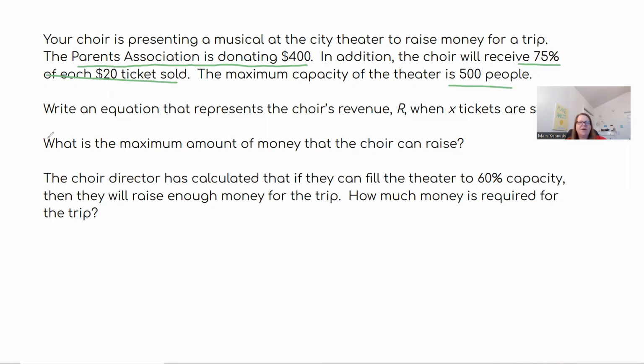So it's just to write an equation that represents the choir's revenue, which we're going to call R, when X tickets are sold. So we've got our revenue. I guess I can put it up here.